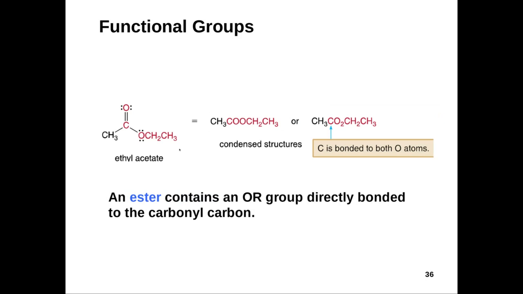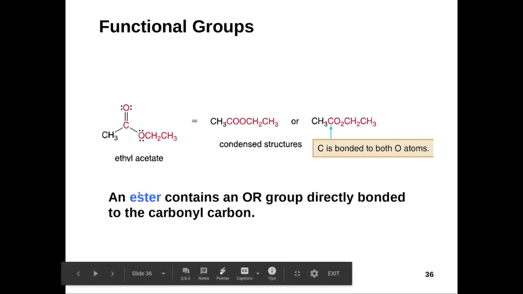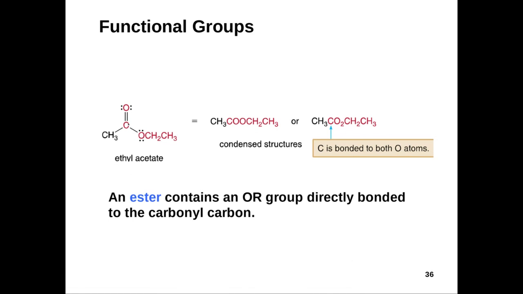Esters, same thing. Remember, esters have an OR group directly bound to the carbonyl atom. So the central carbon is bound to a hydrocarbon, double bound to an oxygen, and also singly bound to an oxygen. And remember, that oxygen is then sandwiched by another hydrocarbon.